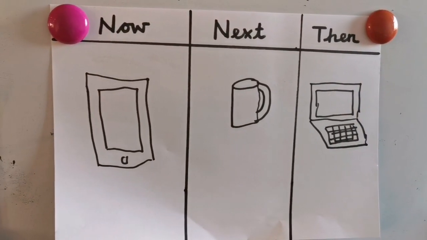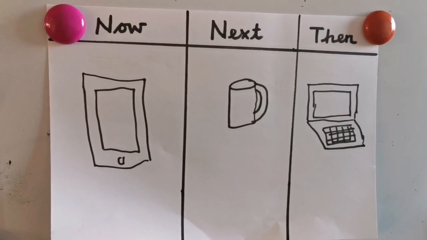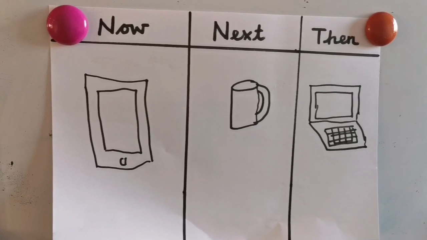I wonder what you'll be doing next. And I wonder what you'll be doing then. I wonder if you can make a now, next and then board just like mine. You'll need a piece of paper and you can split it into 3 and you could try drawing 3 pictures, a picture of what you're doing now, a picture of what you'll be doing next, and a picture of what you'll be doing then.